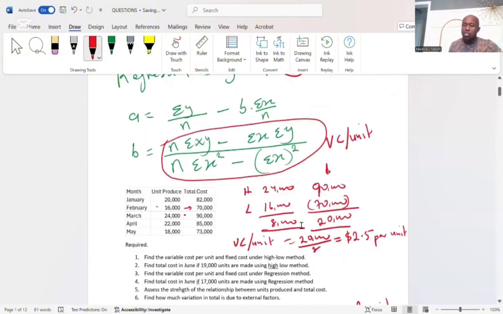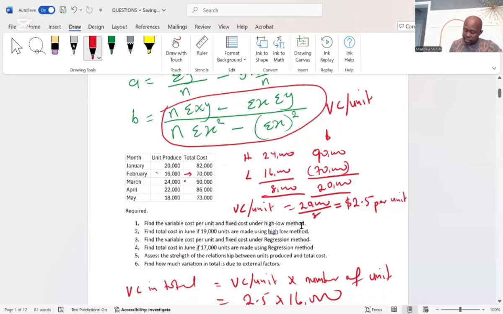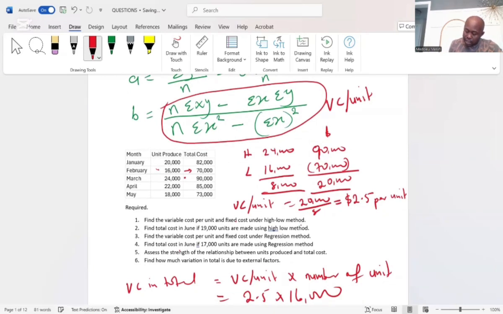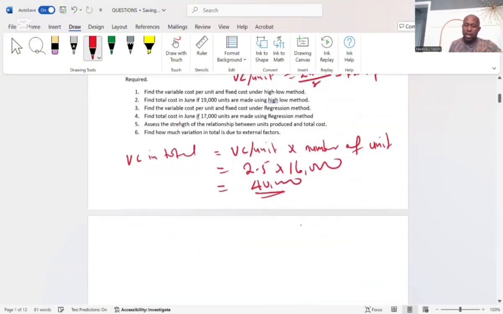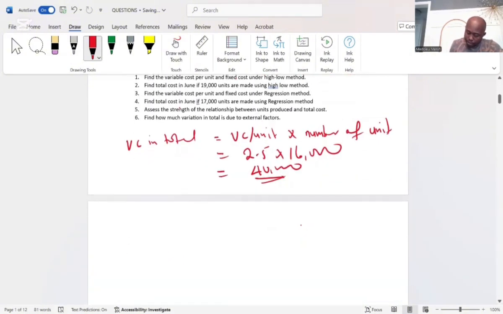How do we get our total cost? Because we use the low activity of 16,000, automatically our total cost becomes 70,000. So I bring my total cost, which is 70,000, and my total variable cost is 40,000.